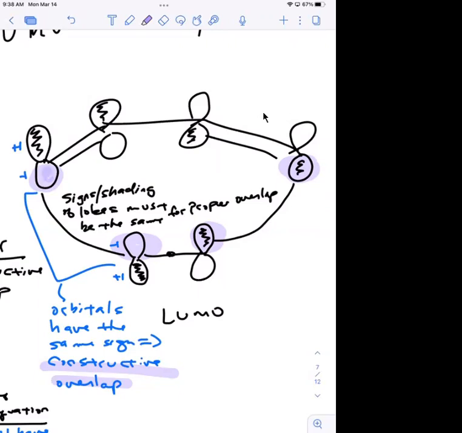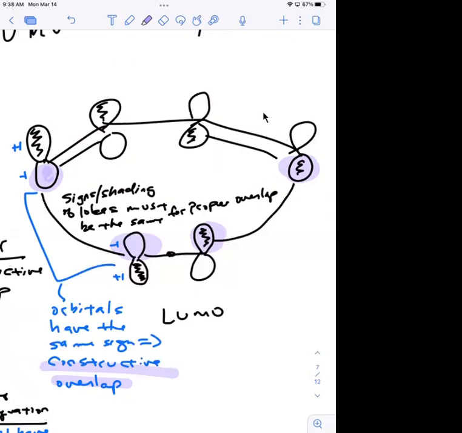All right. So the HOMO-LUMO overlap is important. The amount of overlap is going to be based on how close those orbitals are able to get to each other, and the energy gap between the HOMO and the LUMO. All that stuff matters.